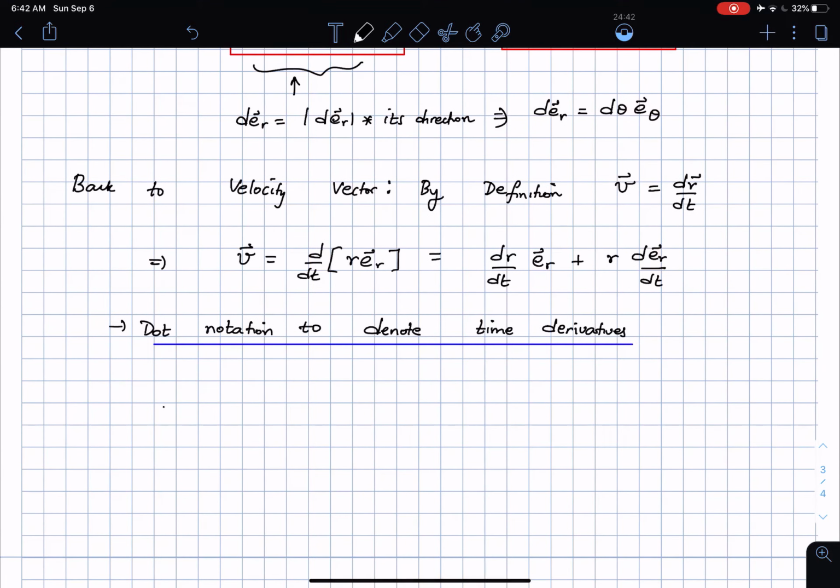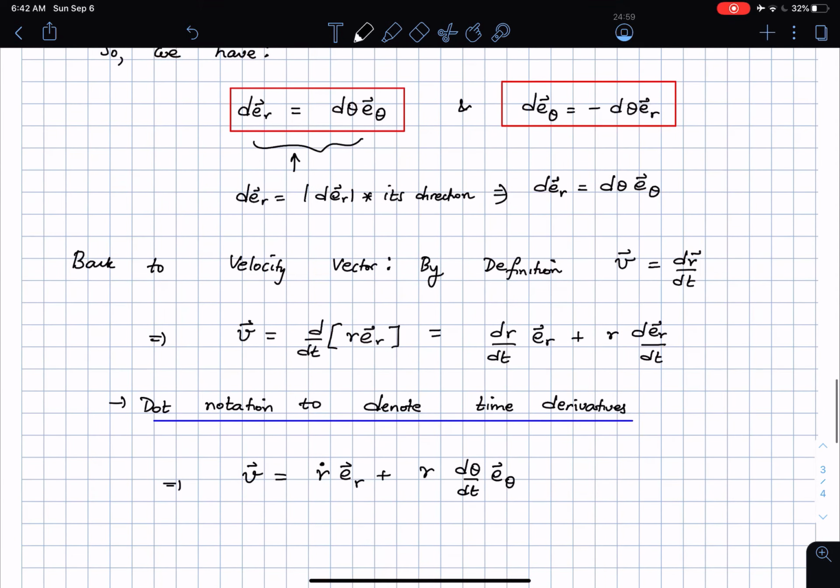So you can see here that v is going to be r dot er plus r times der by dt, which is d theta by dt in the e theta direction, because we just did a substitution for der.